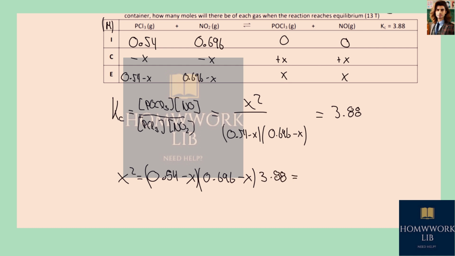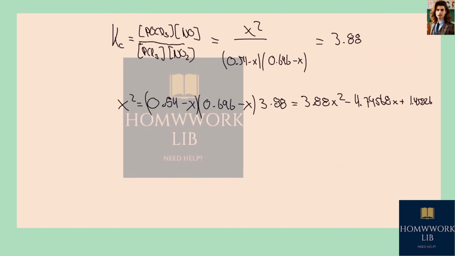which yields 3.88 times x squared minus 4.79568 x plus 1.45826. Putting together all of the quantities, this is 2.88 x squared minus 4.79568 x plus 1.45826 equal to 0.